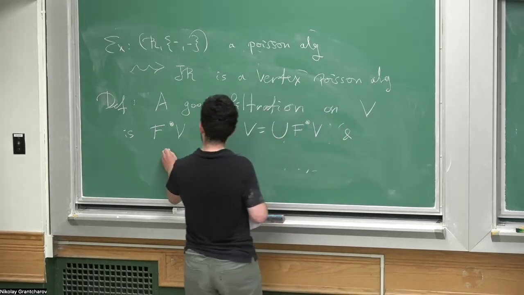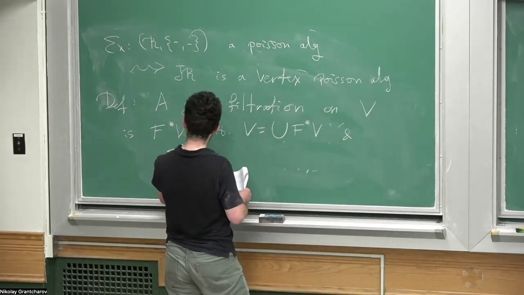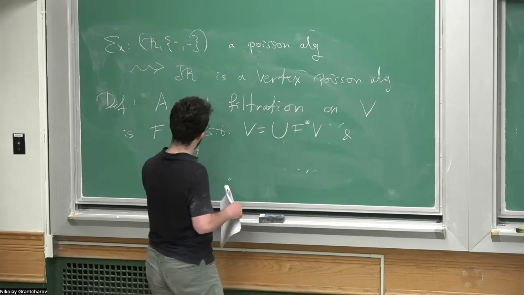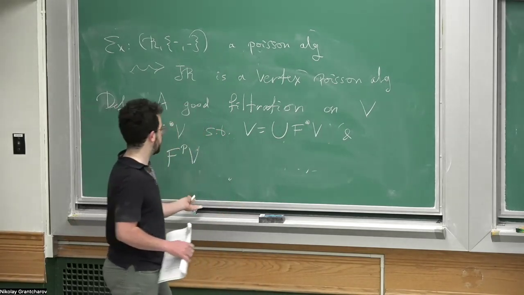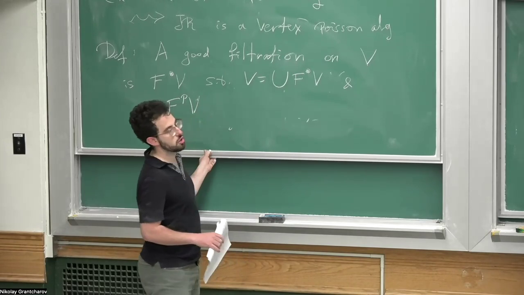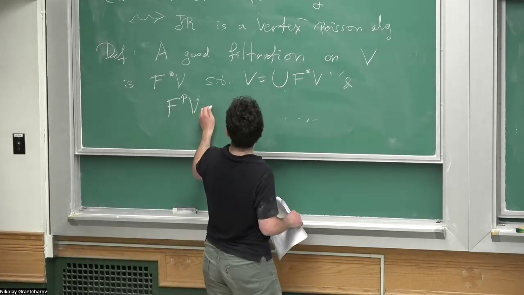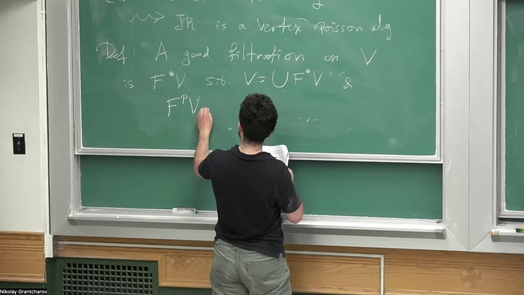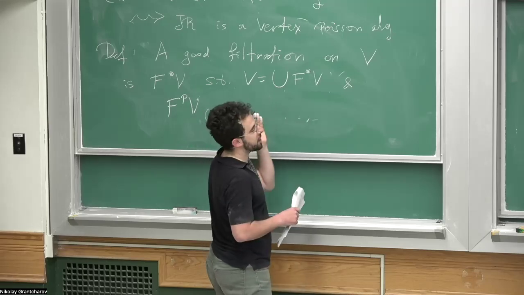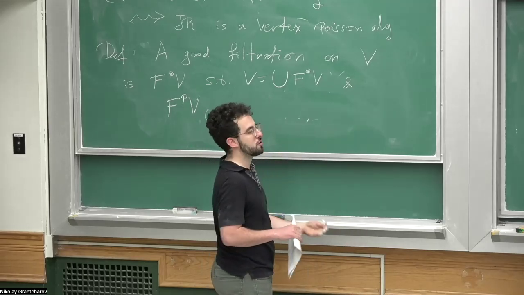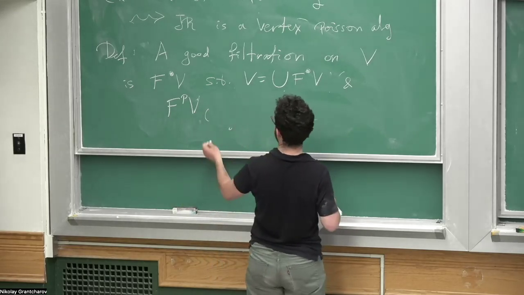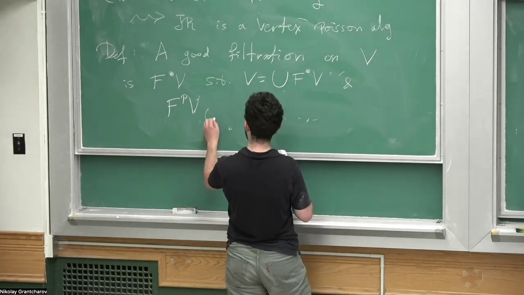And so now we have two axioms. First of all, we want the product to be compatible with the filtration, which means if we take an element in a given degree, all of the coefficients of the corresponding field will be in equal or bigger filtration.